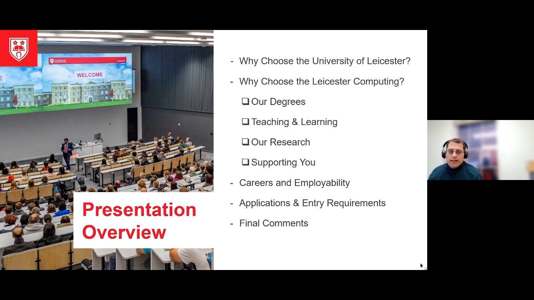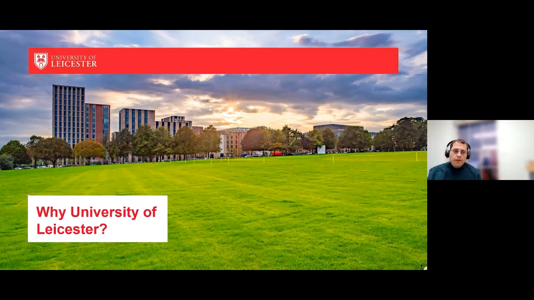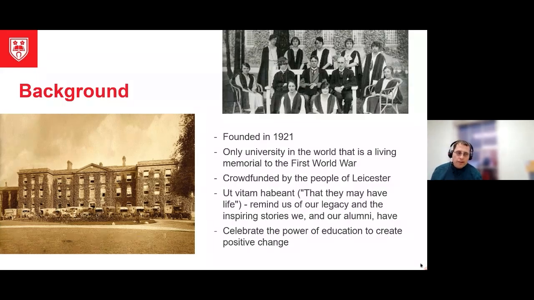But let's start at the beginning before we dive into all that information about studying a computer science or software engineering degree here in Leicester. Let's first hear a little bit about the university itself. It was founded in 1921. And we are proud of this long heritage, but we don't just rely on our legacy. We actively work on improving the university and get the best for our students.